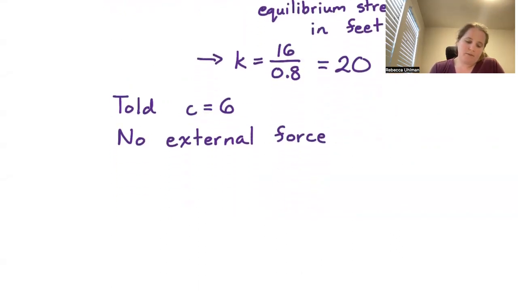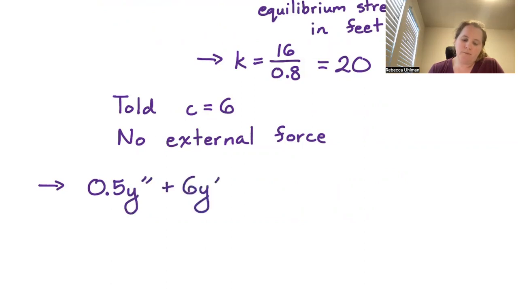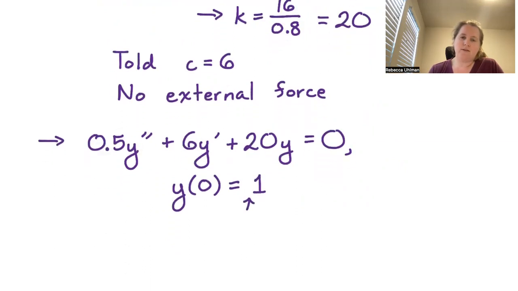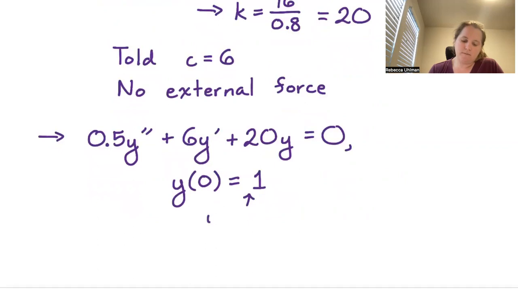So our equation would be 0.5 y double prime plus 6y prime plus 20y is equal to 0. And then for our initial conditions, our initial displacement was an upward displacement of 1 foot. So make sure this is the displacement in feet.